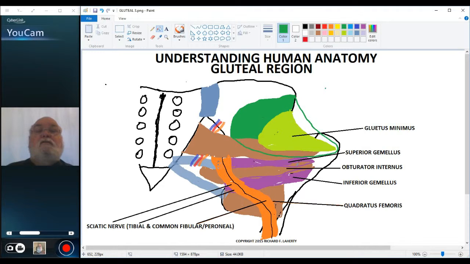And let me color this muscle in. And you'll notice that as I color it in, we lose sight of the gluteus minimus muscle.